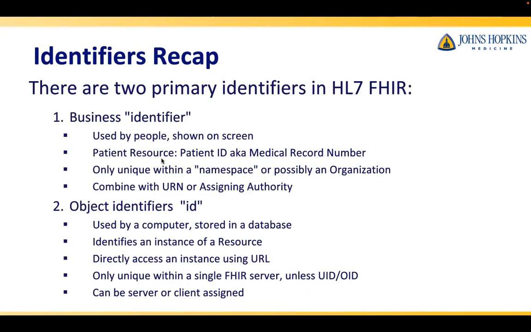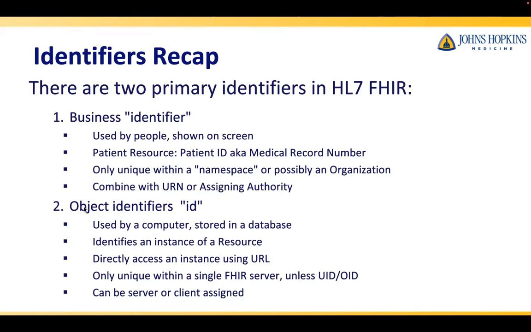An example from the patient resource is the patient ID or the medical record number. That's the business identifier for a patient. They are only unique within a namespace or possibly an organization. To get a unique patient identifier or medical record number, you have to take that medical record number and combine it with the URN, or the Uniform Resource Name, or the assigning authority to get a unique patient ID or medical record number.